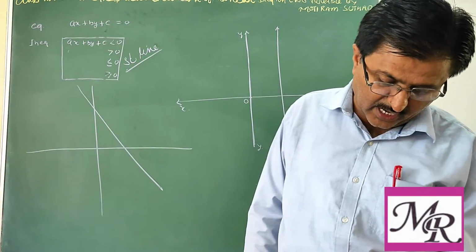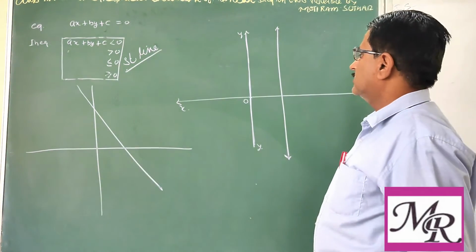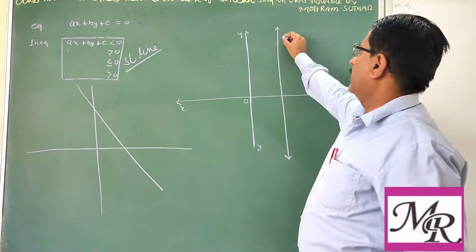It may be a vertical line, that is, a line parallel to the y-axis. Secondly, it may be a slanting line. So this is the vertical line, and it divides the plane into two parts.